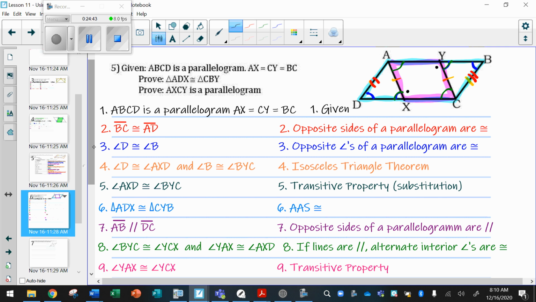So what I'm going to do is the same thing that I did back in proof number 3. So I'm going to use linear pairs to say angle BYC is supplementary to AYC. And then similar in the other corner, AXC is supplementary to DXA because linear pairs are supplementary.